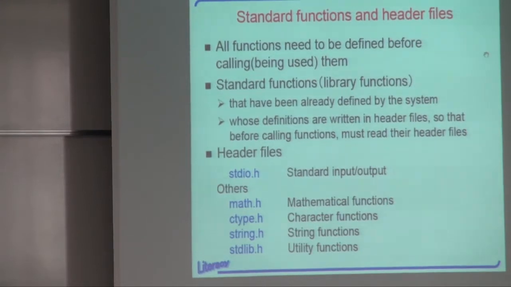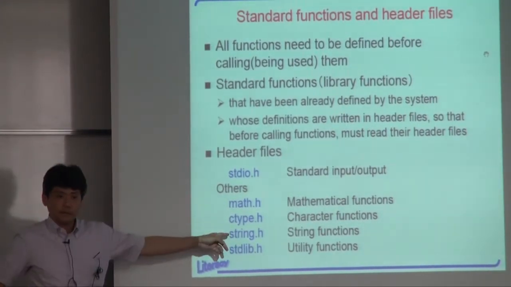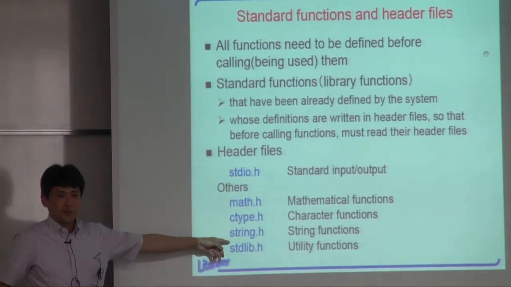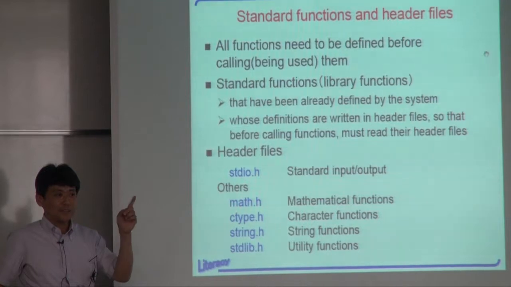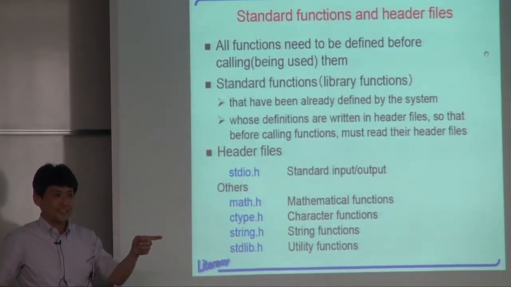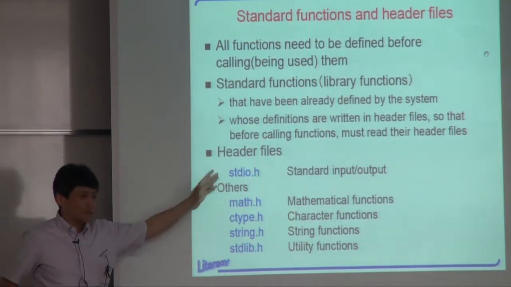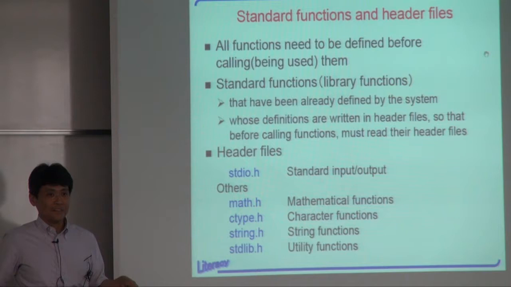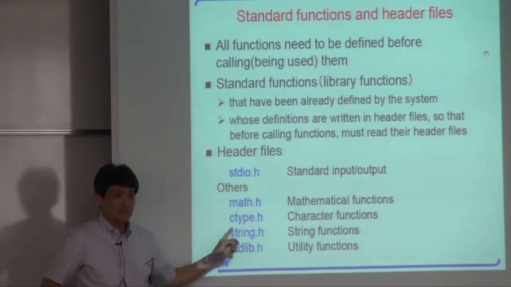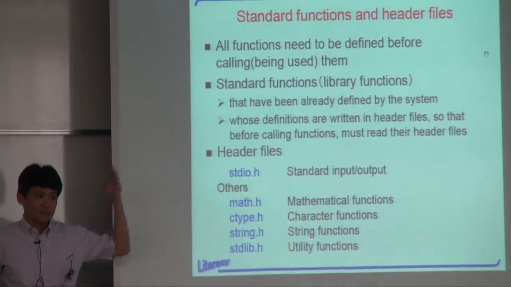If you don't know what kind of standard header file you have to include in your program, please search for information about these headers on the World Wide Web. If you search these strings, you can obtain various information.